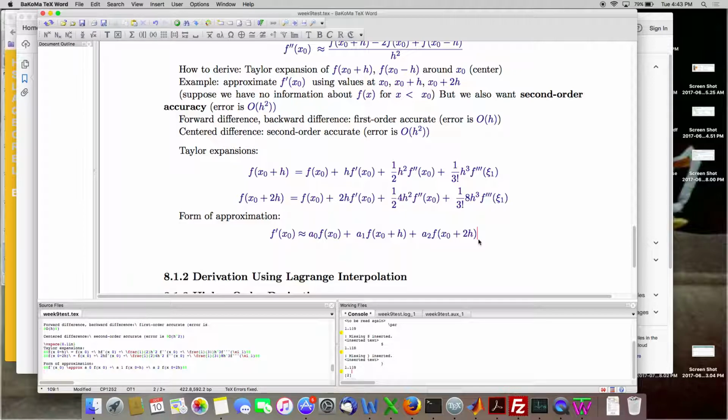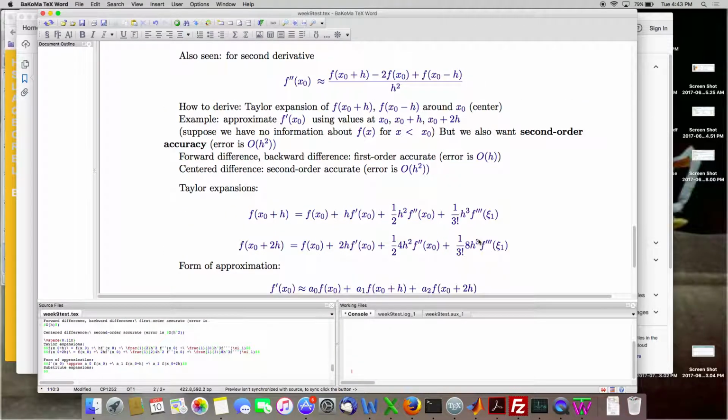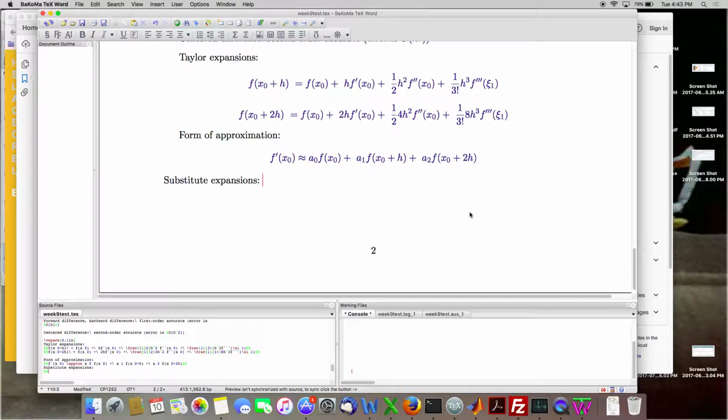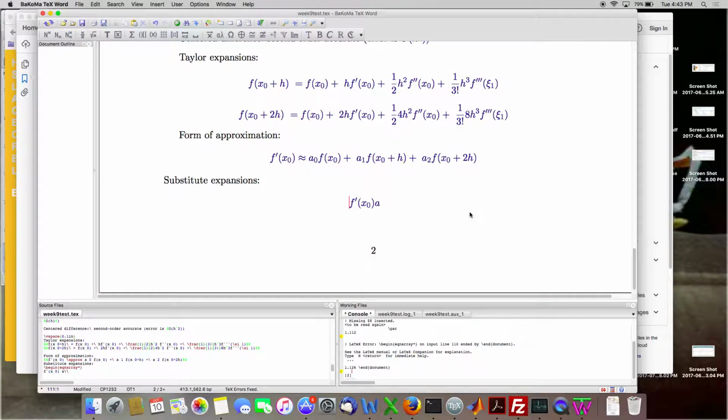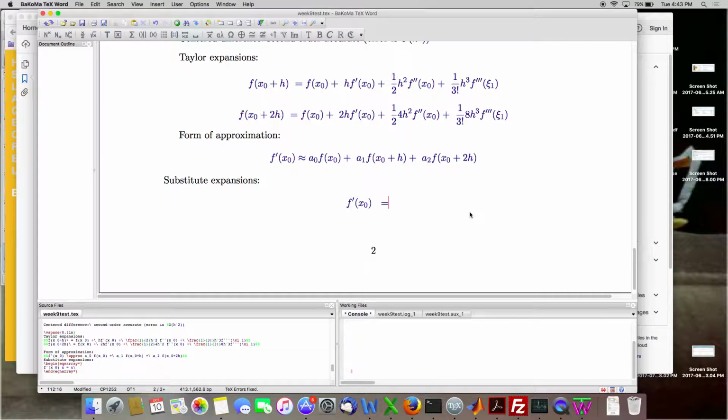So what I'll do at this point is I'll substitute in the expansions. So what I'll have is f prime at x naught. Actually, I'm going to need a multi-line equation. Okay. And what I'll do is I'll have a naught f of x naught. That's not going to change at all.